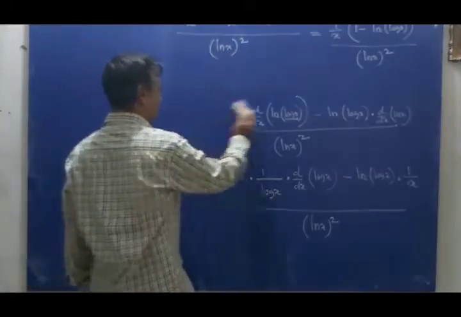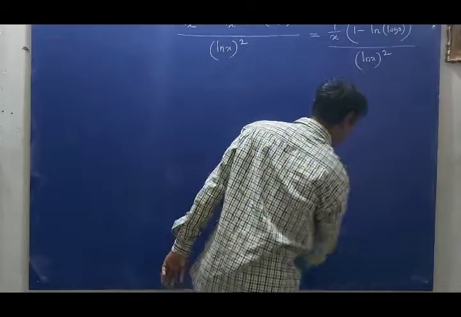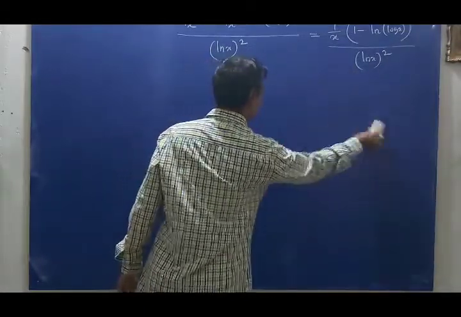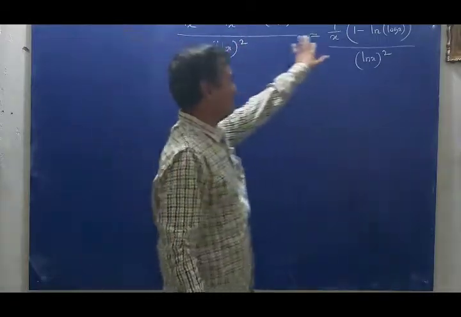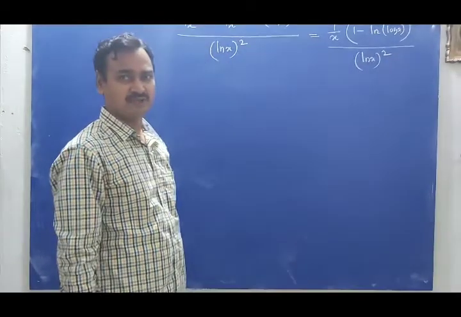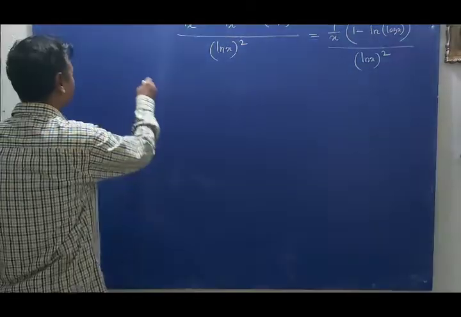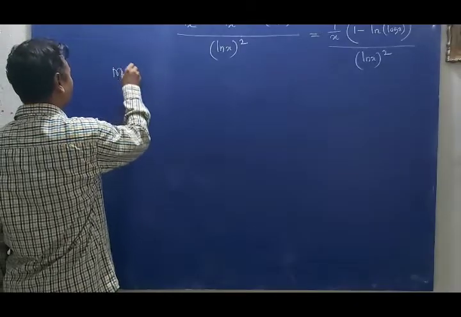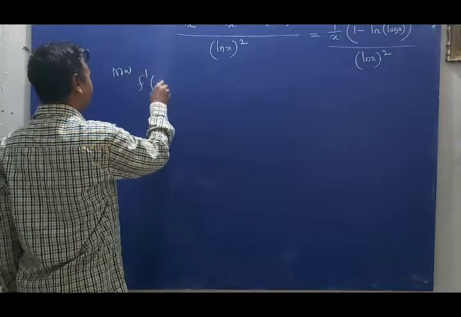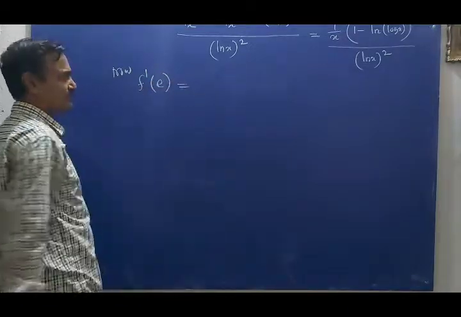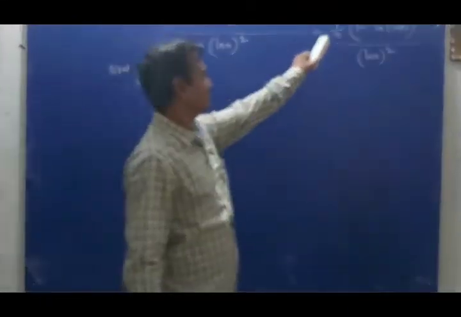So this is f dash x. What you have to find is f dash x at x is equal to e. So f dash e: put x is equal to e.